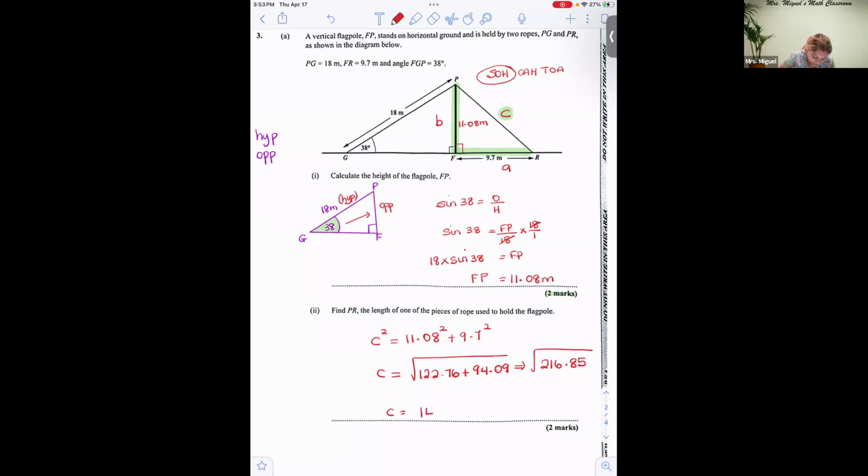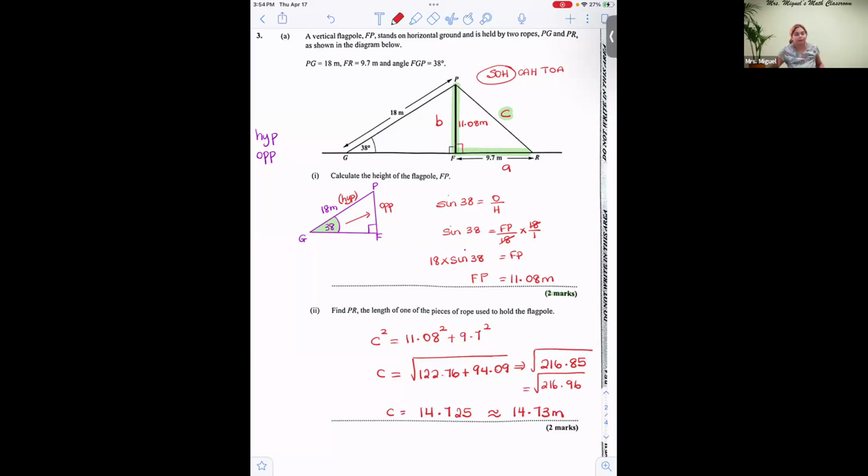So this is 14.725, which is approximately 14.73 meters. If you had used 216.96 as well, you will get 14.73 as well.